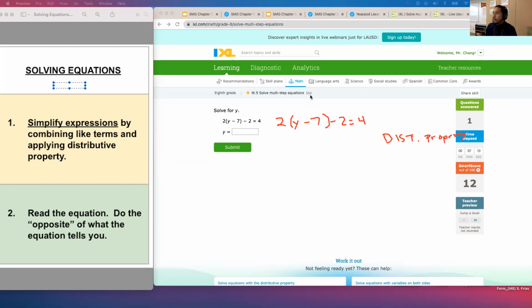That means I'm multiplying the 2 times everything inside the parentheses, and that's going to give me 2y minus 14 minus 2 equals 4. My next move after that is to combine like terms.